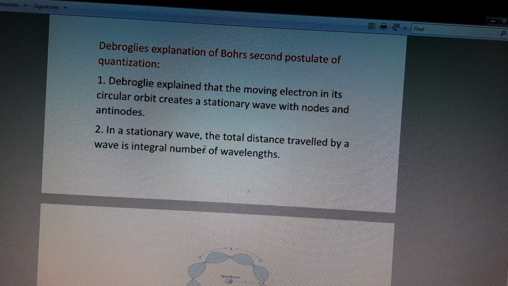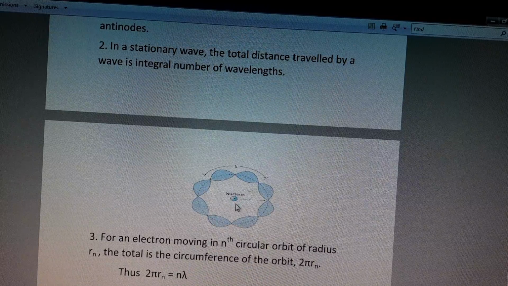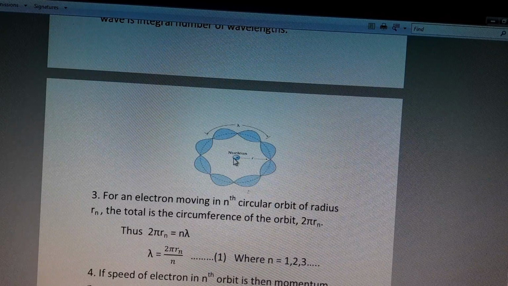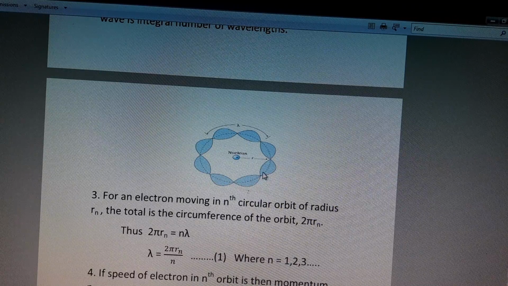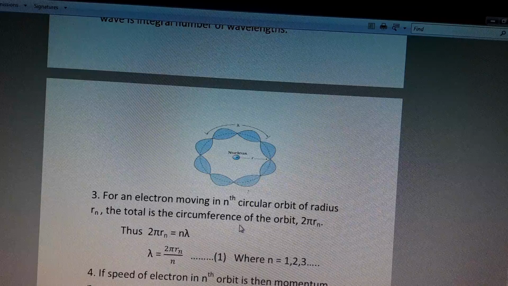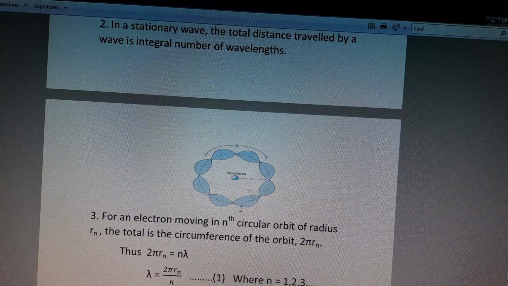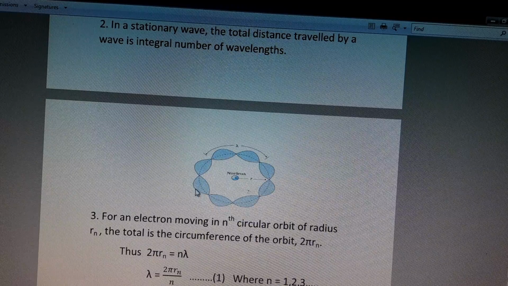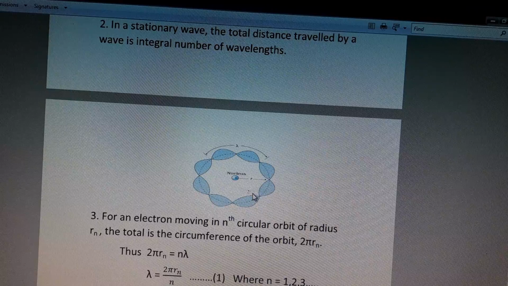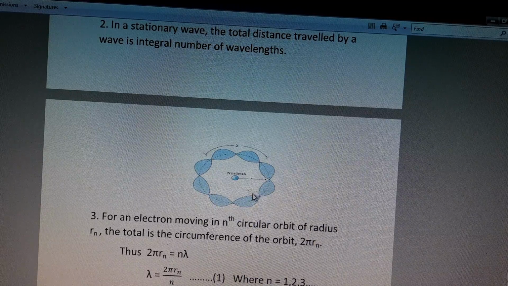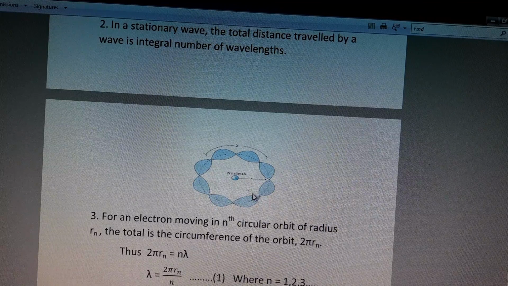We can observe this diagram. This is the nucleus. When an electron revolves around the nucleus, it forms a stationary wave with nodes and antinodes. In the same manner, when the electron completes one round, the circumference, meaning the total distance traveled, is an integer number of wavelengths.